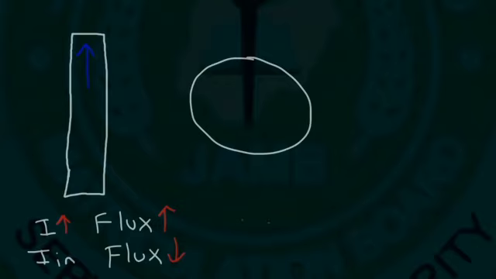Now, if it's going to oppose it, then the magnetic fields have to be in the opposite direction, not in the same direction. So let's focus on the external magnetic field. So using the right-hand rule, whenever you have a current going in the upward direction, the magnetic field is going to be going out of the page on the left side and into the page on the right side.